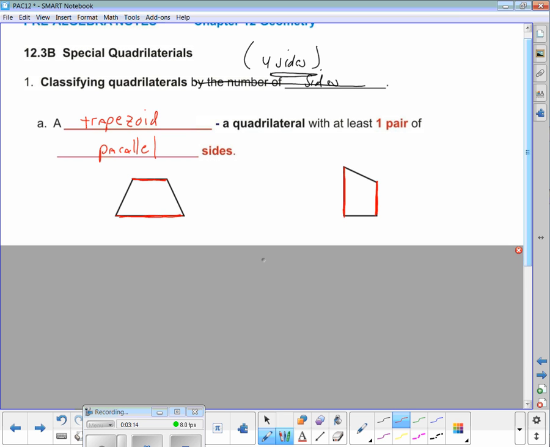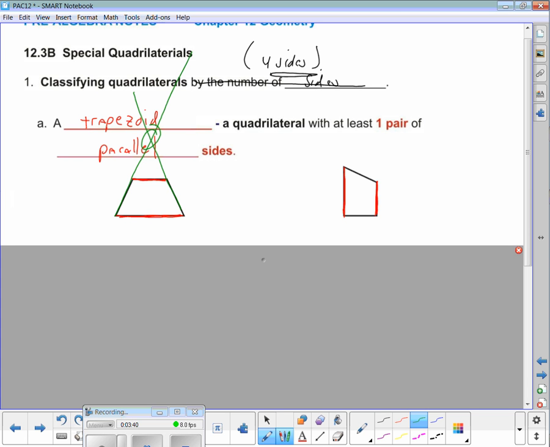Again, it's got to have 4 sides, and one of the pairs are parallel. Jordan. No, there is no way this line is parallel to that line, because if they keep going, they are going to intersect. And maybe we have enough room to even see it. Sure, there we go.